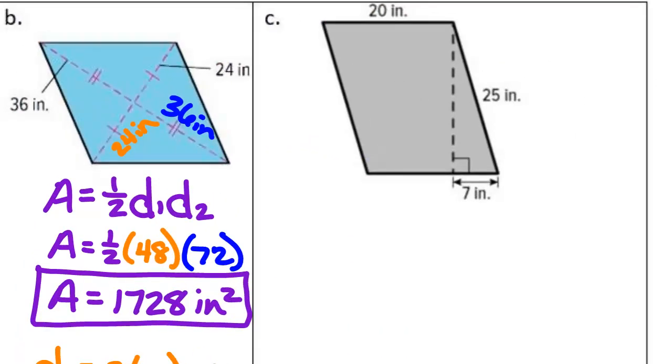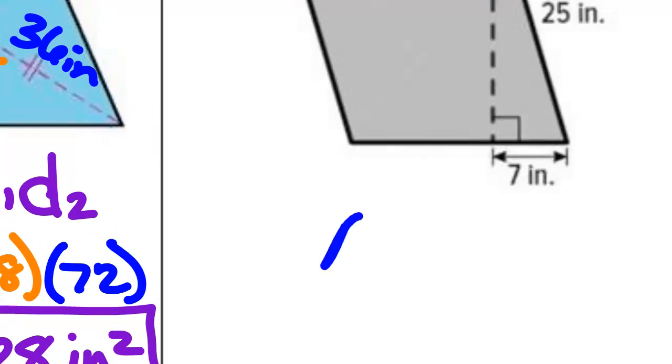Last shape here on number 1. What do we call the shape here in part C? A parallelogram. How do we find the area of a parallelogram?